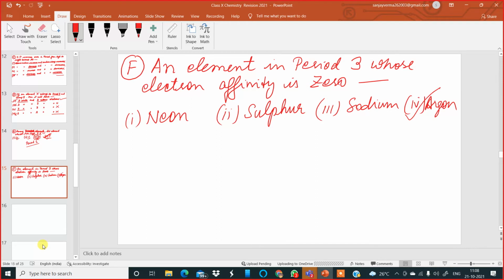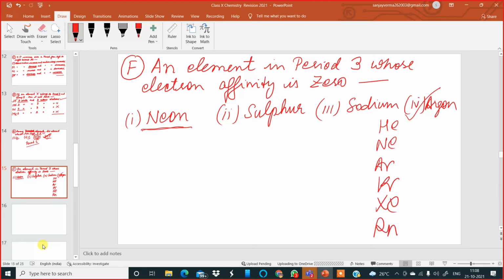But sometimes you might have a misconception. It could be neon. But if you look at the electron affinity from top to bottom, it becomes less and less, no? It decreases. And we know the position of argon. It is helium, neon, argon, krypton, xenon, radon.